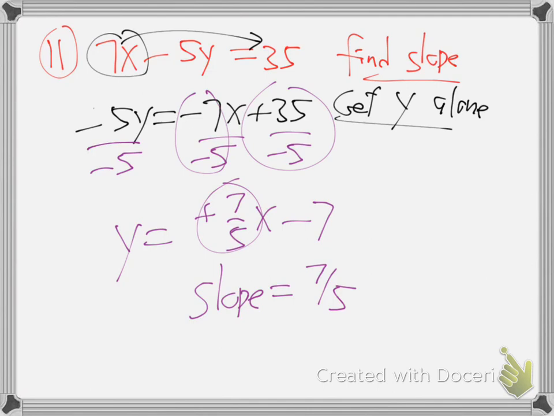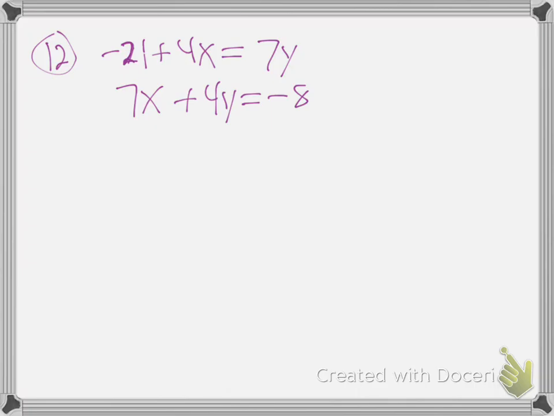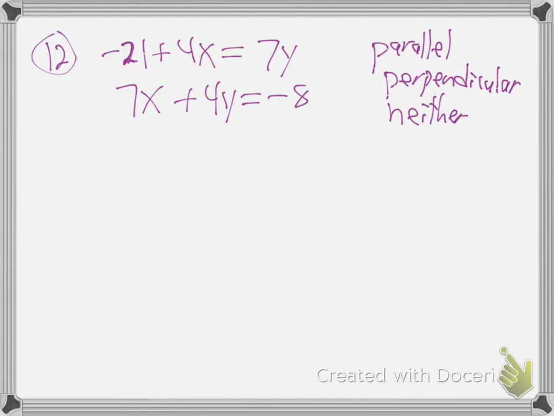What they want is parallel, perpendicular, or neither. They want you to find out, are these lines parallel, perpendicular, or neither? So what do you got to do to find out?